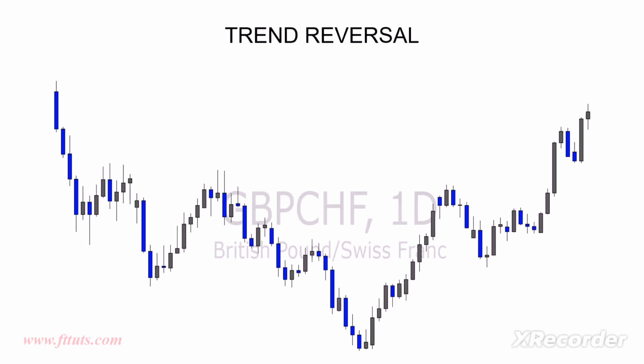All right, so let's take a look at a trend reversal. So as we mentioned, for a trend to reverse in a downtrend, as we see here, we need the most recent lower high to be broken for us to validate that the trend has reversed.